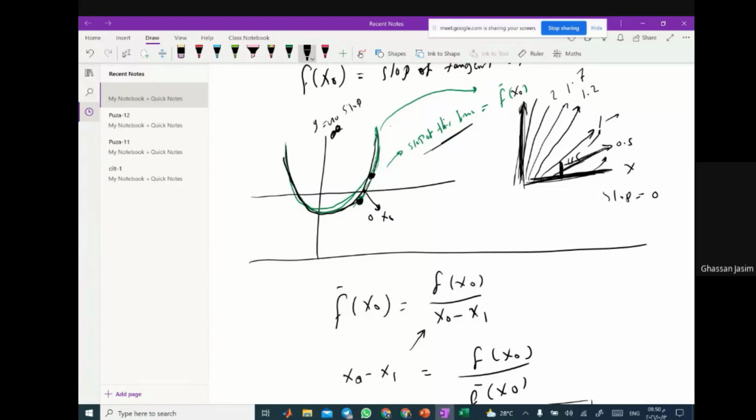If we have a point below and a point above, that means the intersection is between them.